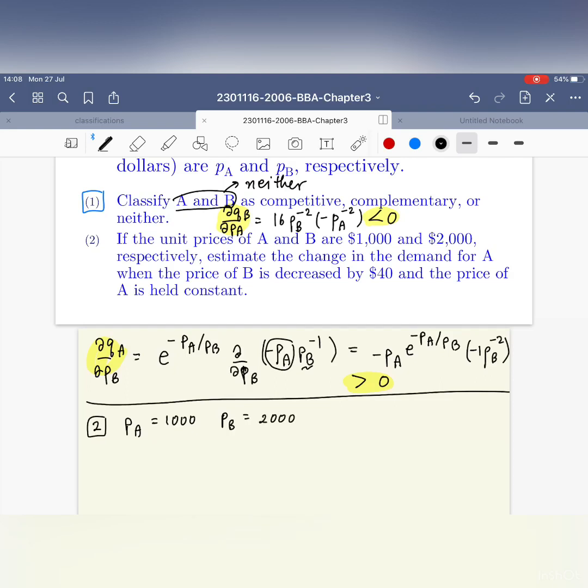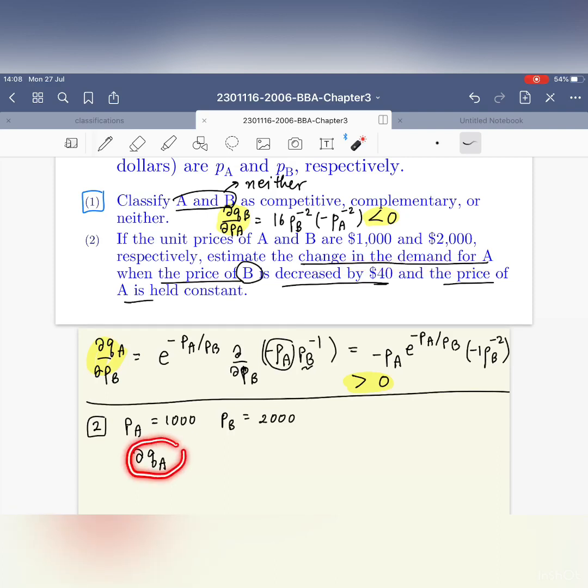Okay, estimate the change in the demand for A when the price B is decreased by 40 and the price A is held constant. Okay, so let's read it again. What kind of change do you need? You need the change in demand of A. So it means that you need the dQA. Okay, so the change in demand of A can be represented by dQA.